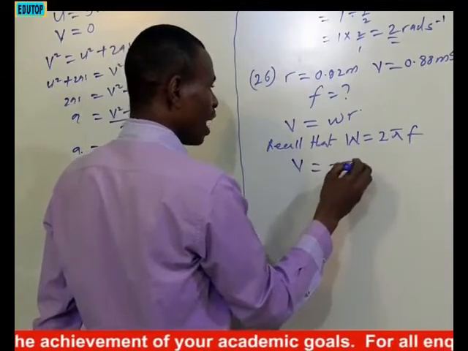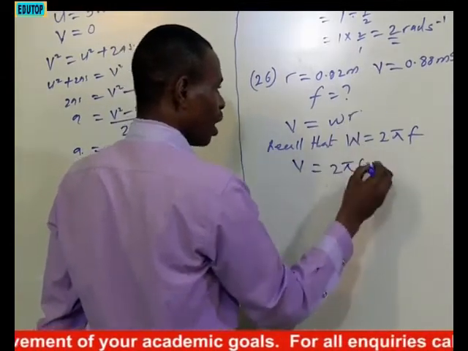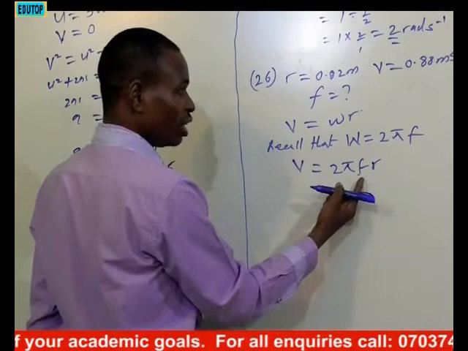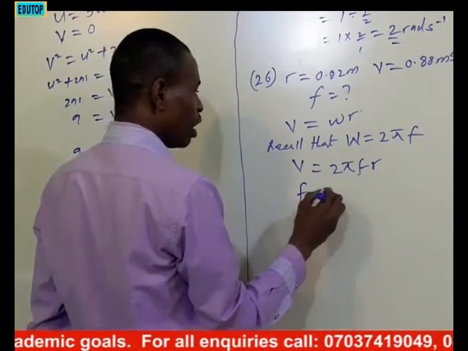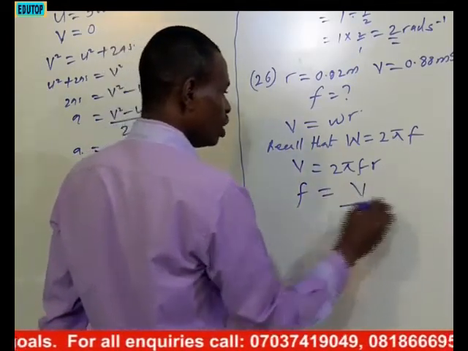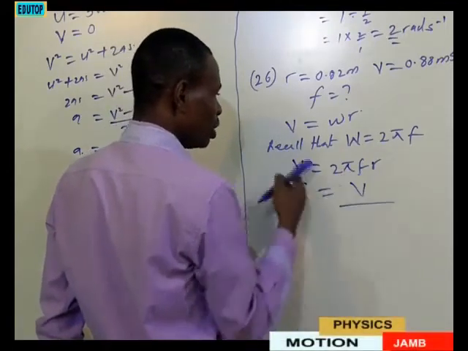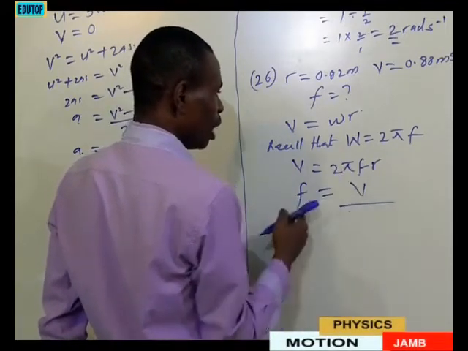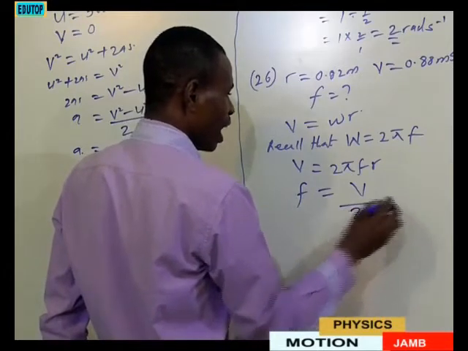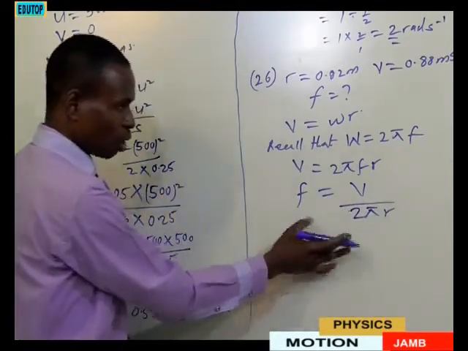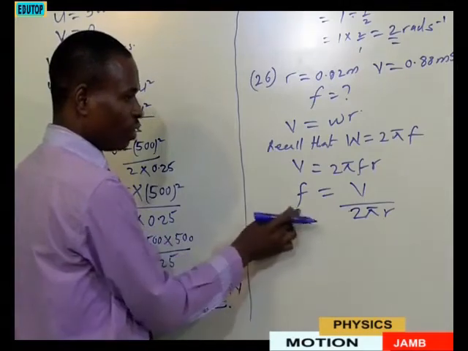2 pi r. Then we are looking for frequency. The frequency will now be equal to v divided by 2 pi r. This is what we are going to use to calculate our frequency.